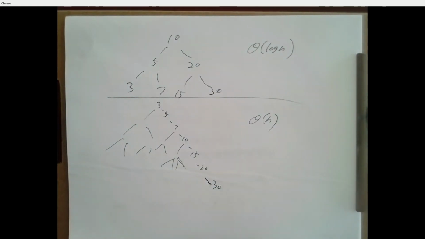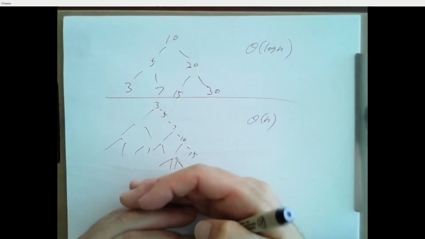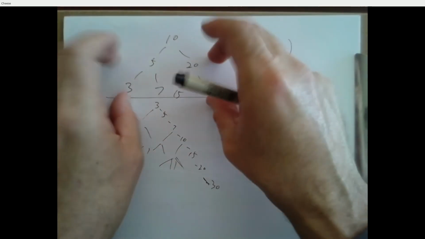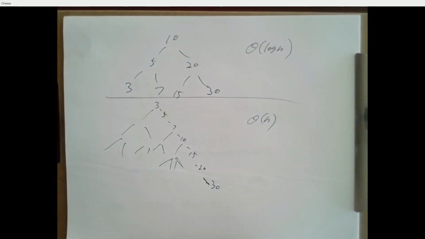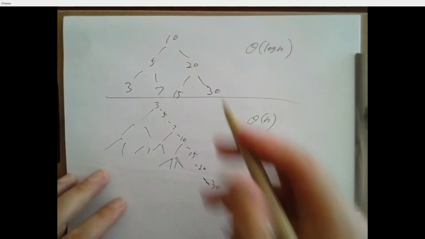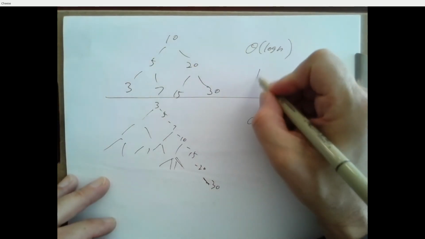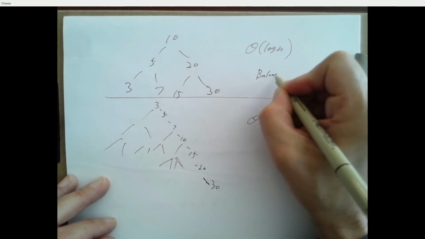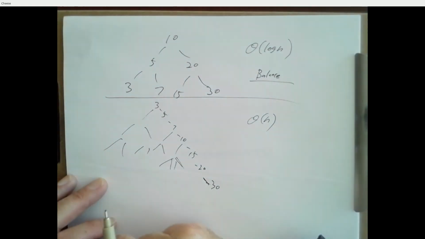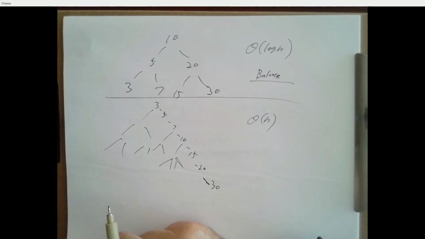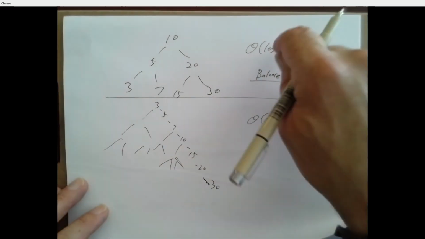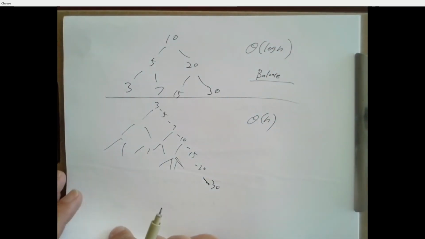And if we could fill that stuff in, then this will become shorter and wider, and we come back to this. So we have the concept of balance. And the punchline will be, the more balanced our tree is, the better the search time is going to be in general.